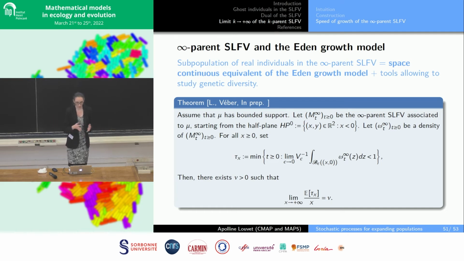So here we have a process which looks like the Eden growth model, but in a space-continuous version, and associated with tools which potentially make it easier to study genetic diversity.